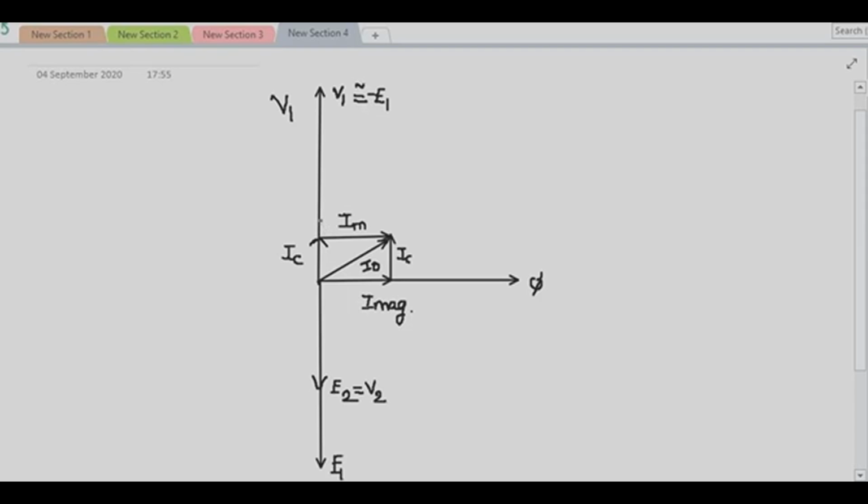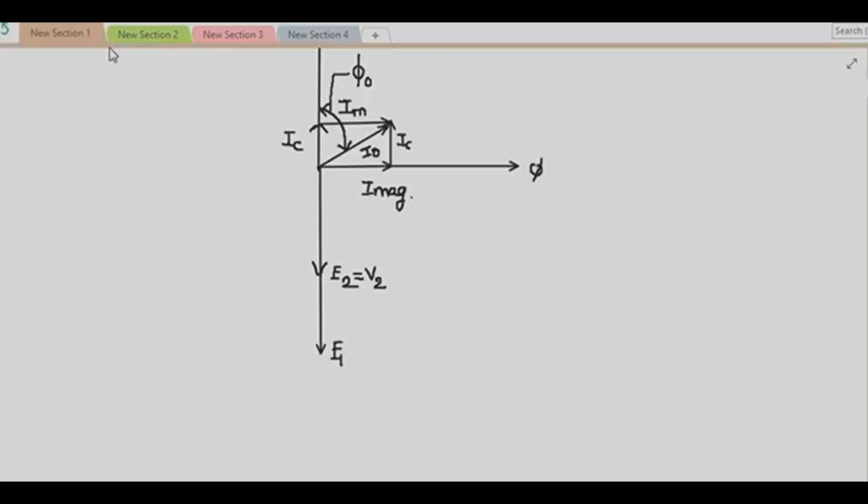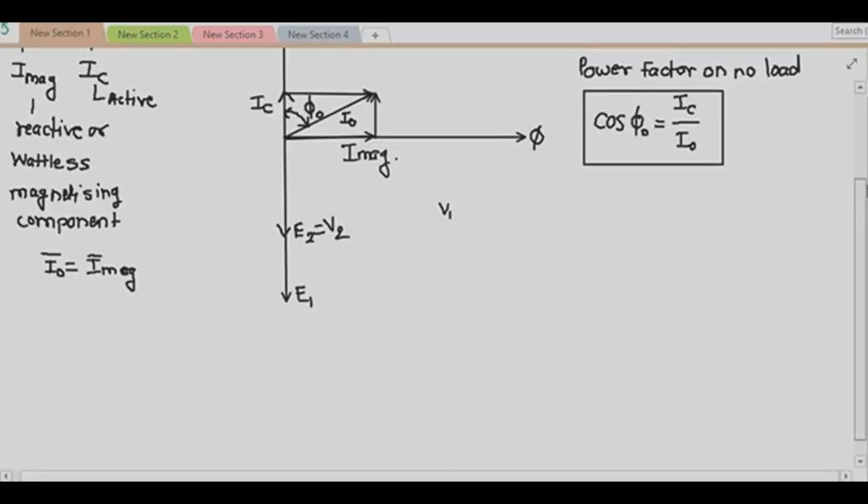So the angle between the applied voltage and the no load current taken from the supply is nothing but phi 0, which is nothing but the no load power factor of the transformer. From this figure we can write down these formulas.